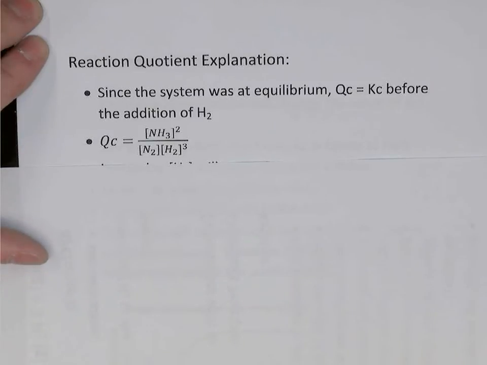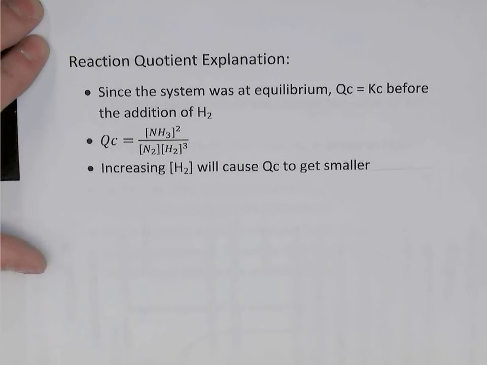We look at the expression for Q and we see that hydrogen's concentration is in the denominator. So if we were to add some hydrogen to the system, increase its concentration, it will cause Qc, the reaction quotient, to get smaller.